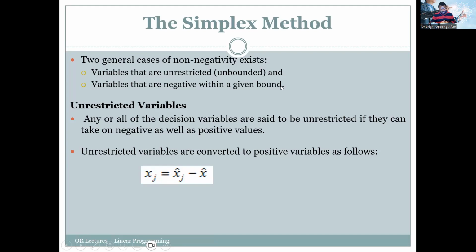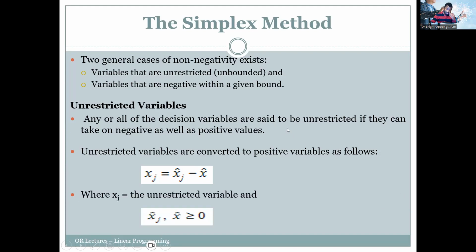If we have Sj being the unrestricted variable, then we treat it by using Sj = Sj+ minus Sj-, where Sj+ and Sj- are both greater than or equal to 0.